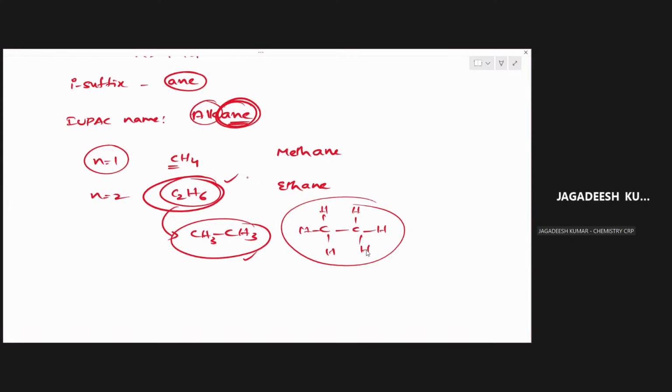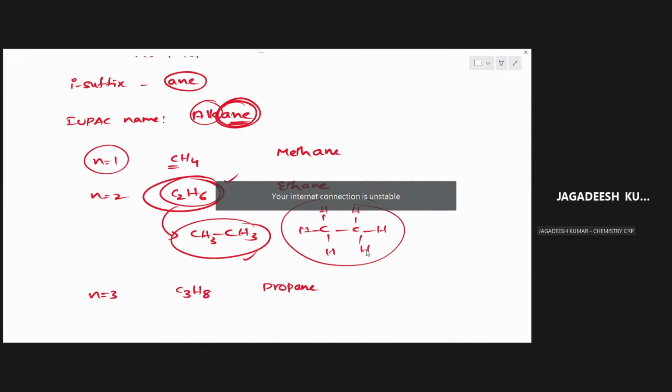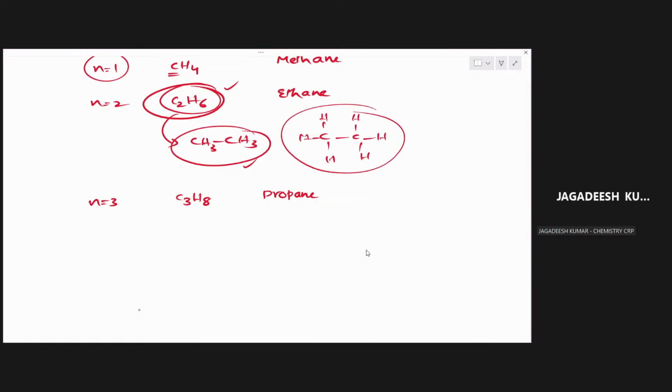This is ethane. And one more, n equal to 3, C3H8. So 3 carbons, prop, and an: propane. Propane, the same formula, we can represent according to the catenation property: 3 carbons, with 3 hydrogens, 2 hydrogens, and 3 hydrogens.